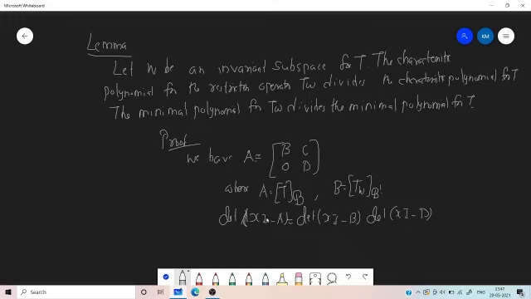Here the order of I is that of A, here the order of I is that of B, and here the order of I is that of D. Now from this it follows that the determinant of xi minus B divides the determinant of xi minus A. This is about the characteristic polynomial: the determinant of xi minus B gives the characteristic polynomial for B, and the determinant of xi minus A gives the characteristic polynomial of A.